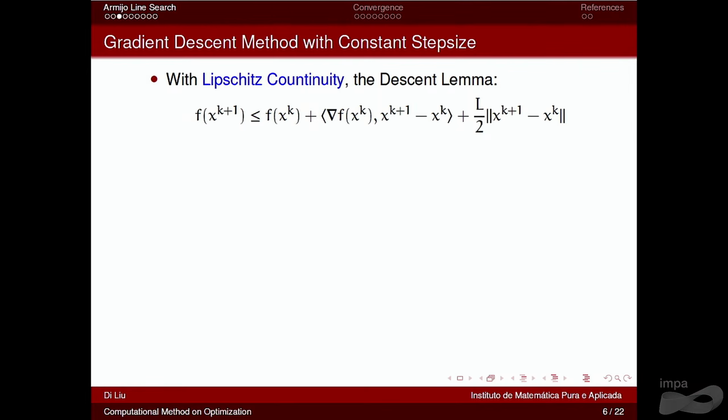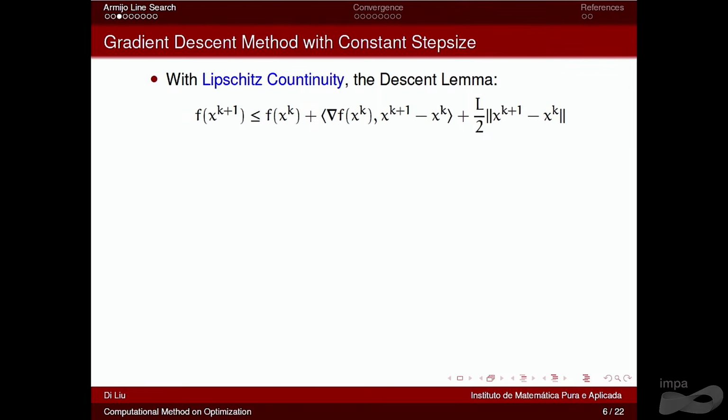First, we will recall the analysis for the gradient method with a constant step size. If we assume the objective function is L-smooth, with Lipschitz continuous gradient, we will have this descent lemma we proved in the last class. If you do not know it, you can go back to the last video.